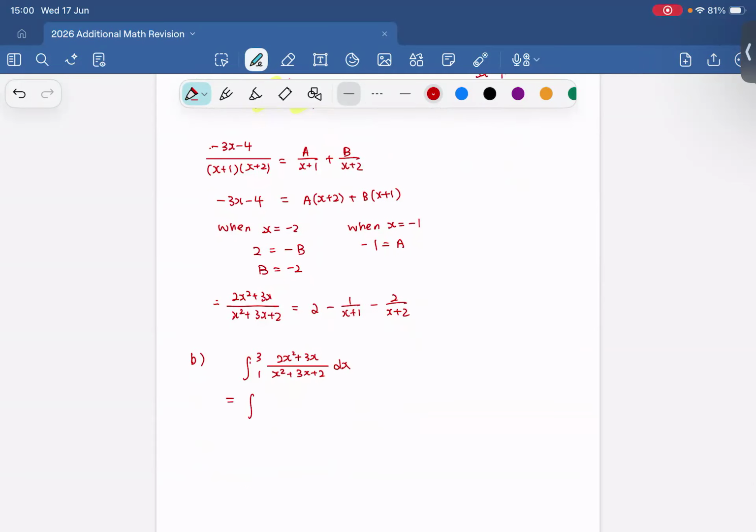So this is just integrating from 3 to 1: 2 minus 1 over x plus 1 minus 2 over x plus 2. So which integration to use? This is actually x plus 1 to the power of negative 1, so this is actually your ln. This is x plus 2 to the power of negative 1, so this is again your ln.